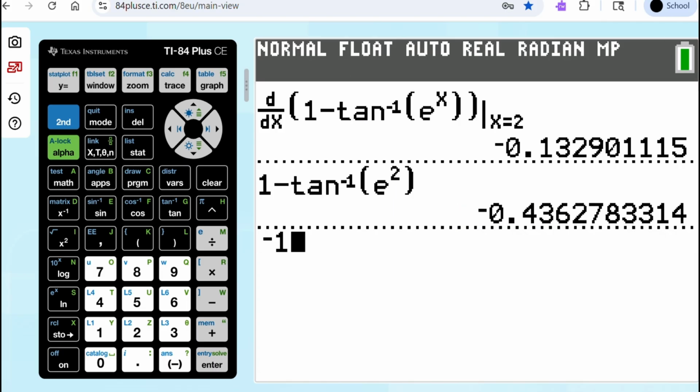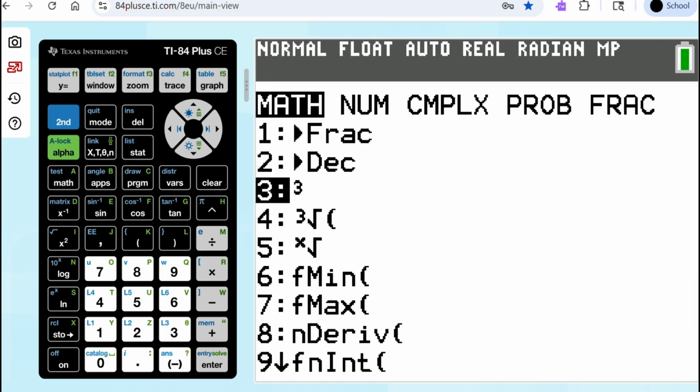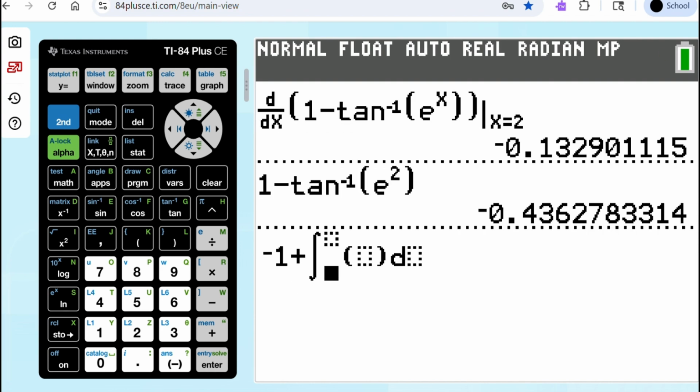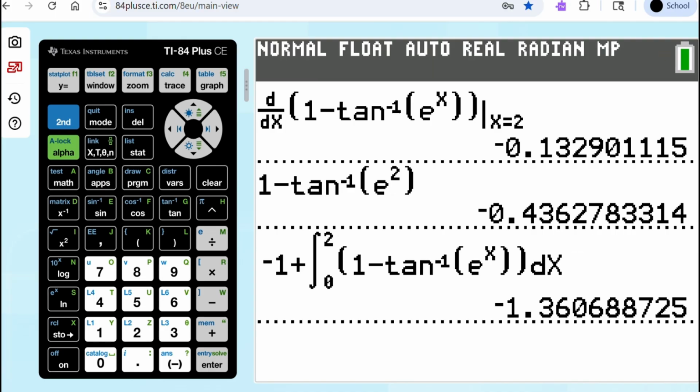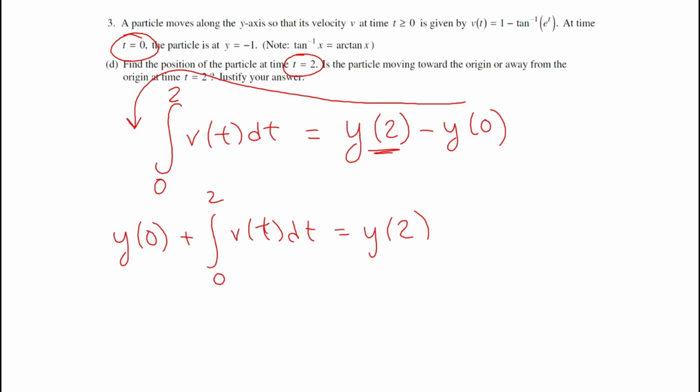So we'll say -1 plus the integral, so math and option number 9, the integral from 0 to 2 of our function, which was once again 1 minus the inverse tangent of e to the x dx. And that gives us a position of -1.361.